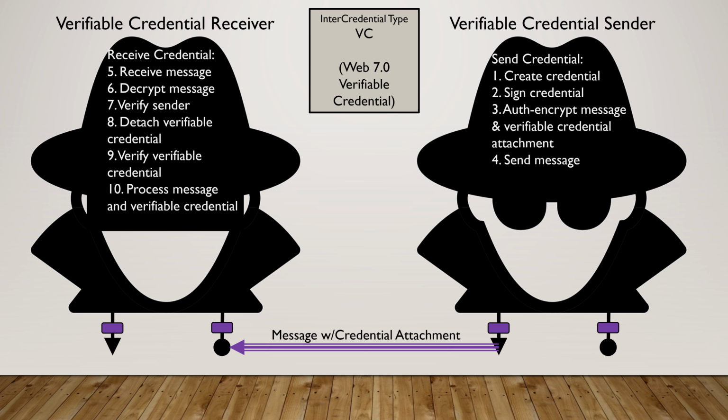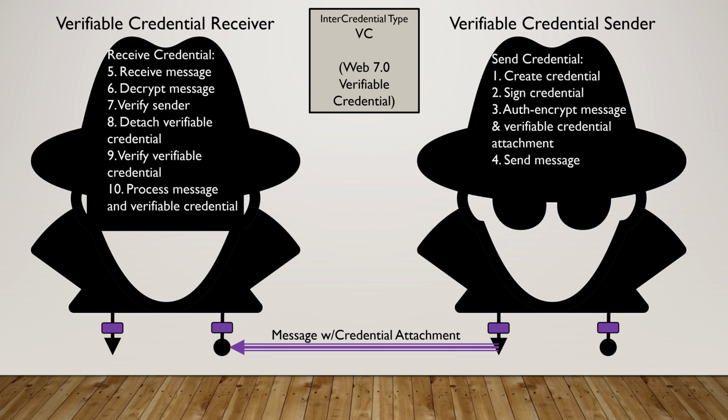What does the receiver on the left have to do? They have to receive the message, decrypt the message, verify the sender, detach the verifiable credential, verify the verifiable credential, and then process the message and verifiable credential through the appropriate business workflow or middle tier logic. So here, if you have an astute eye, you'll notice that the only additional step is step 9.